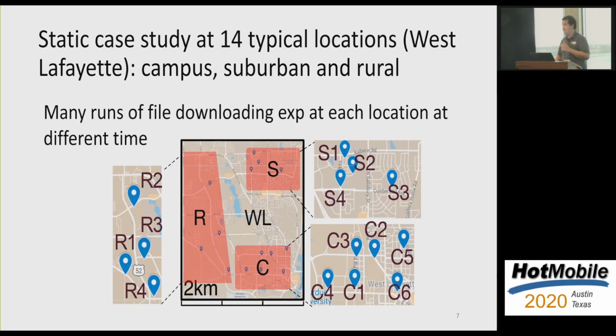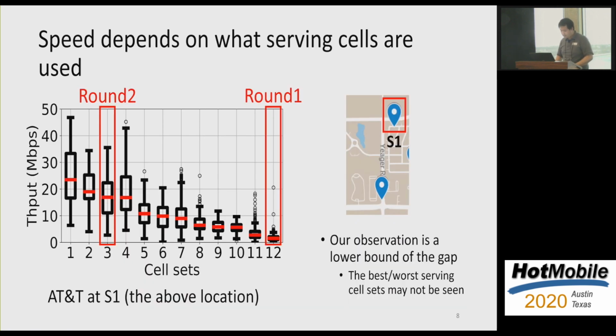To answer this question, we conducted a static case study at 14 typical locations in West Lafayette, including campus, suburban, and rural areas. We ran many runs of file downloading experiments at each location across different hours and different days. We found that the data speed largely depends on what serving cells are used by our mobile device.